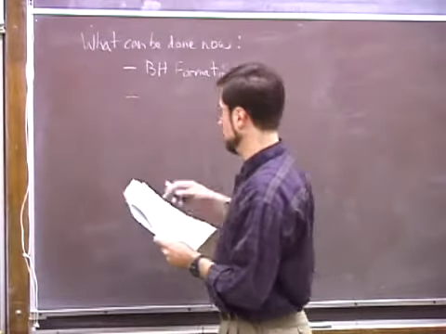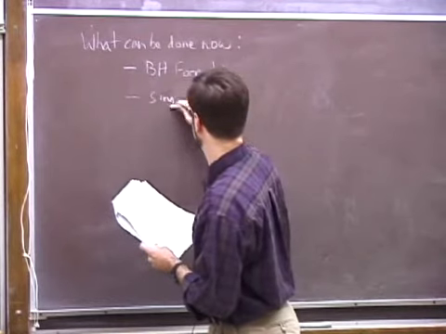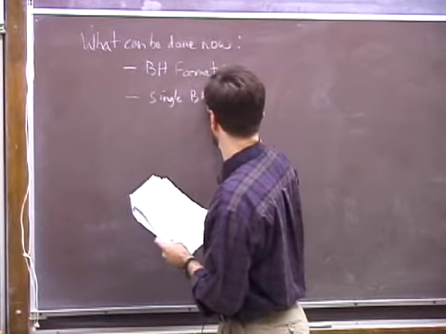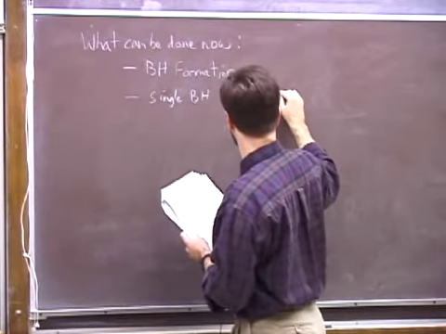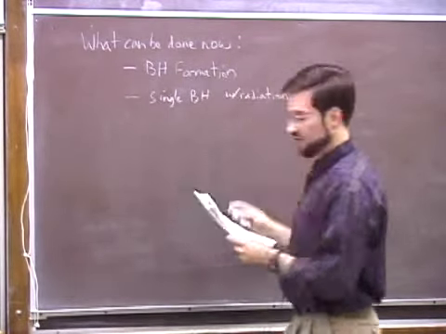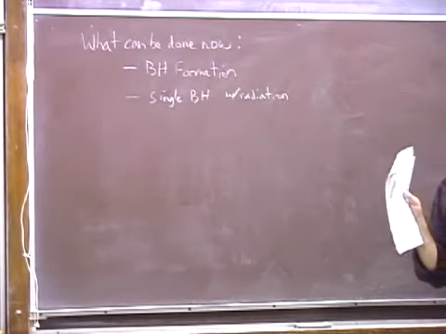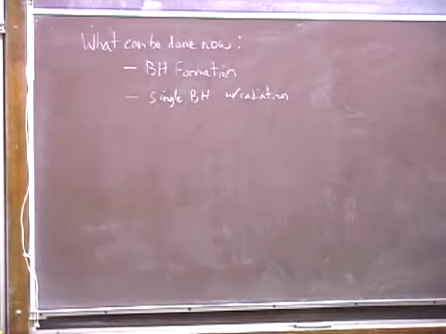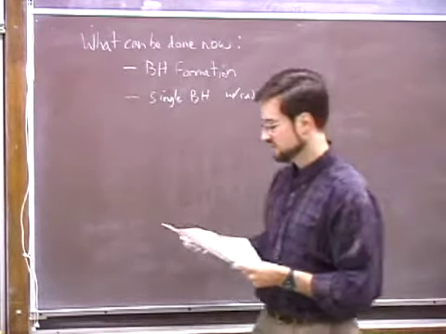Other things that can be done: single black holes with radiation. You can have single black holes that are distorted, not a stationary Kerr or Schwarzschild state, such that they ring down and produce radiation. You can do things like that.